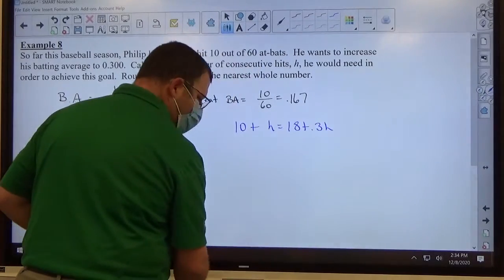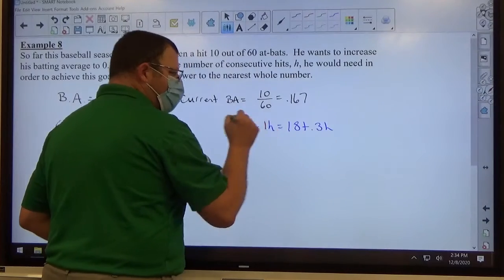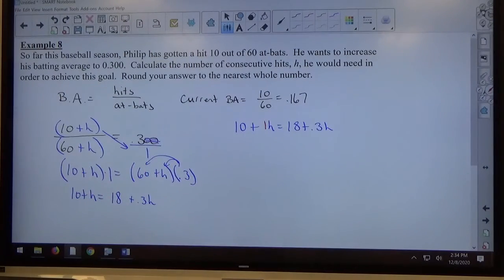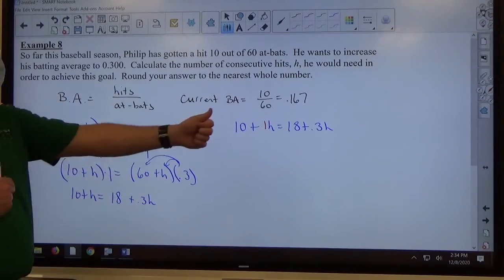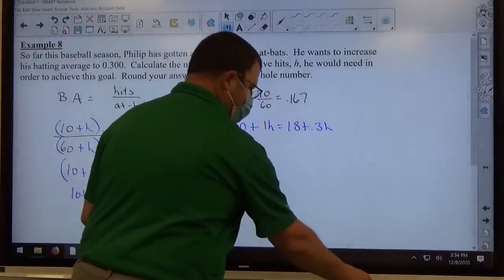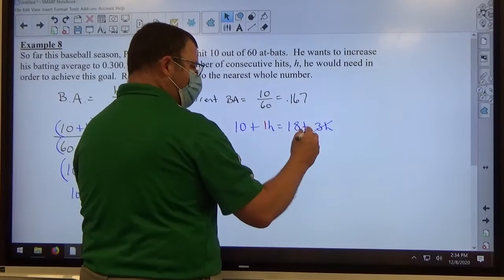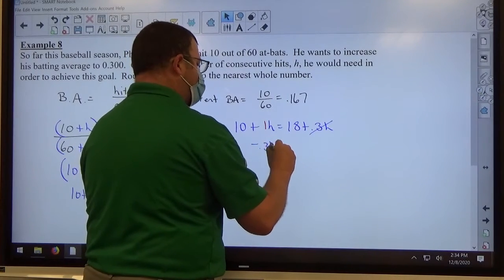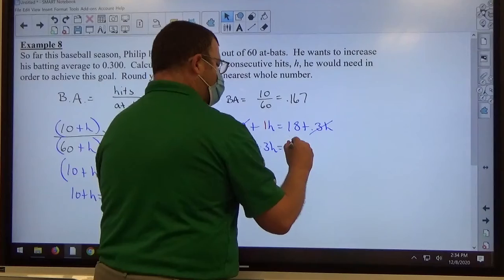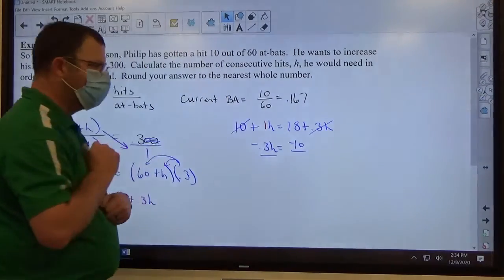Now one thing I will caution you about, this is 1H, and sometimes people forget that. So when I slide the 0.3H over to the left, 0.3H, which is positive on the right, becomes negative 0.3H on the left, and 10 moves over and becomes negative 10.